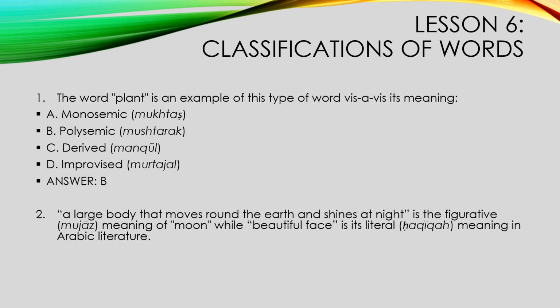Number 2. A large body that moves around the earth and shines at night is the figurative or mujaz meaning of moon, while beautiful face is its literal or haqiqa meaning in Arabic literature.